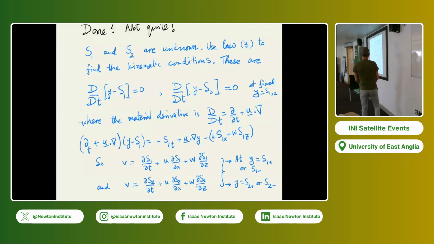So if you think about it, this is quite a complicated nonlinear problem, right? Not just the fact that I have Navier-Stokes equations to deal with, which already is a serious issue, but I have all these additional nonlinear boundary conditions at moving boundaries as well.